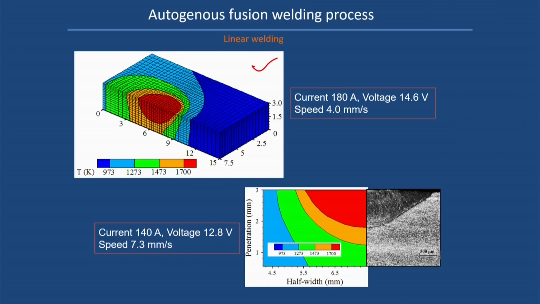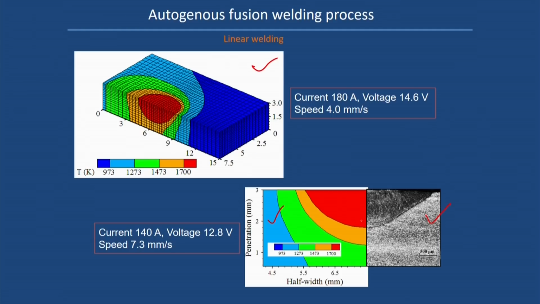The current was 180 amps, voltage was 14.6 volts, and the welding speed was 4.4 millimeter per second. In that condition we can find the temperature distribution like this, and we can predict the weld pool dimension at this welding condition. We have done the simulation for practical cases, and we compare the experimentally evaluated weld pool dimension with the computationally evaluated one.